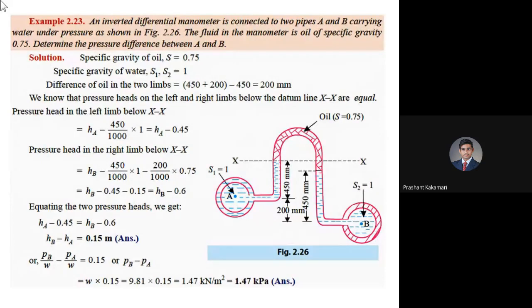And coming to the equations, I can write like this: PA minus, because this pressure from the pipe water is coming out in the inverted manometer, it has to move upside. So just keep in mind that it is overcoming the gravitational force, or it has to overcome the pressure of pipe B, or it has to overcome the pressure of oil.